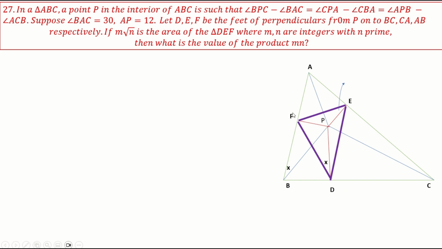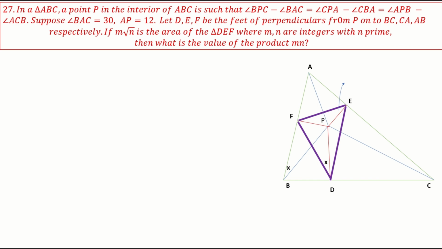If I draw a circle passing through all these, BP is the diameter because it is forming 90 degrees on the circle, a semicircle, at F and at D. Which means if there is a circle drawn on this quadrilateral, BP is the diameter. So this is a cyclic quadrilateral. The cyclic quadrilateral property is that this angle is equal to this angle. You should know this. Now with this we can solve all the angles in this.